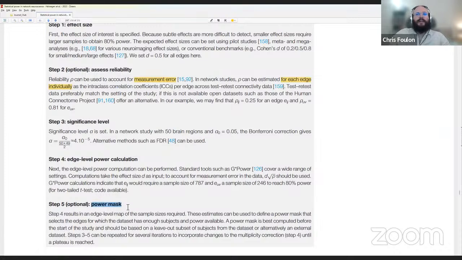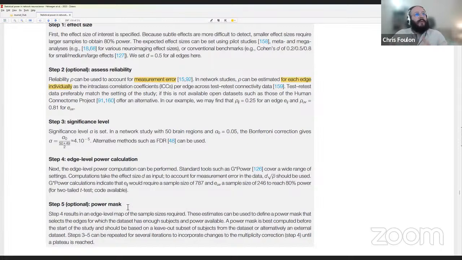And then at the end, they explain that you could have a power mask that would give a statistical power per edge for each edge in the network, instead of having a global statistical power for the study.